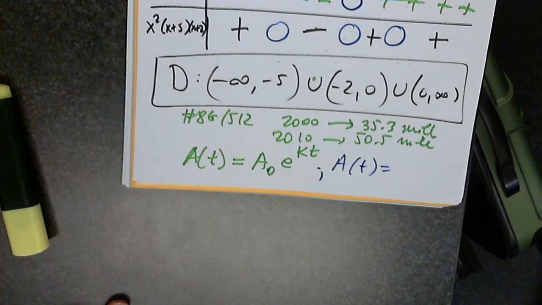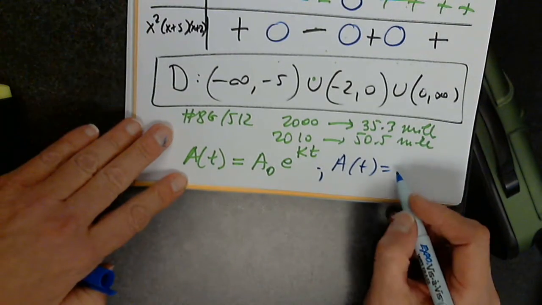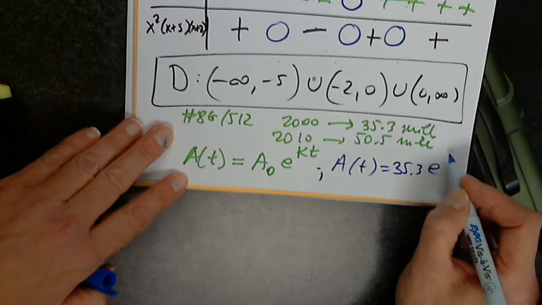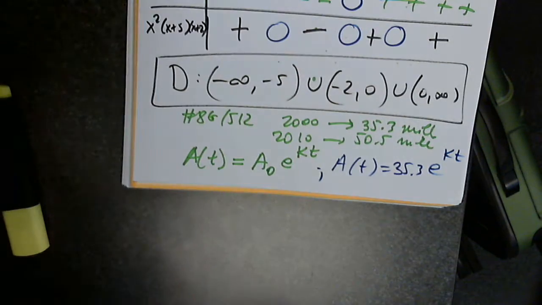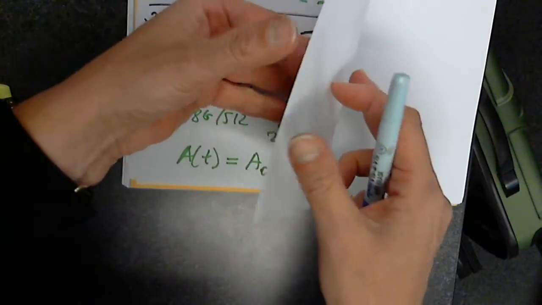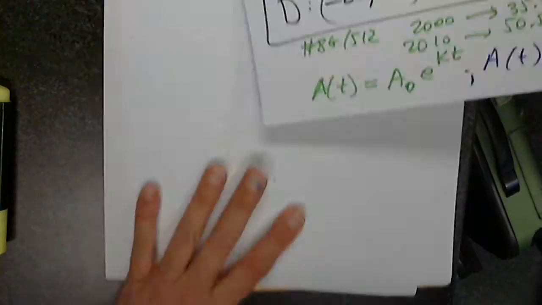Can anyone give us the A0? Right, 35.3, exactly. 35.3 times e to kt. Very good, excellent. Find k correct to 3 decimal places. So that's our first question.